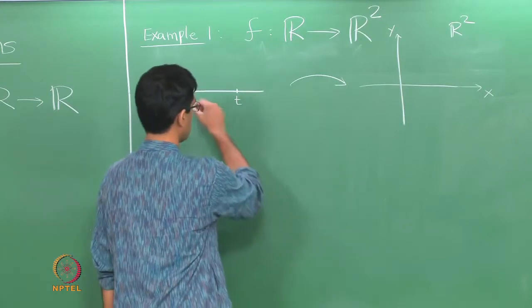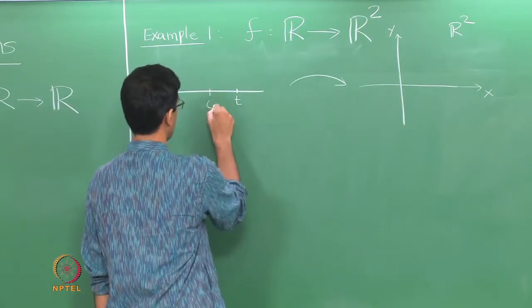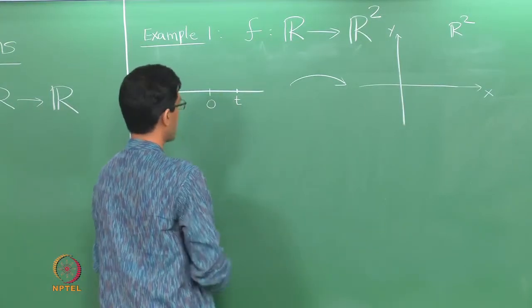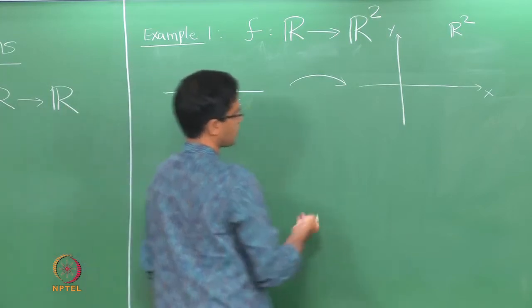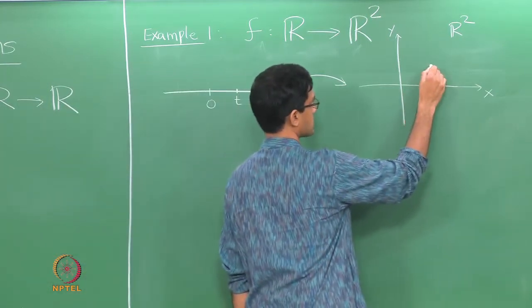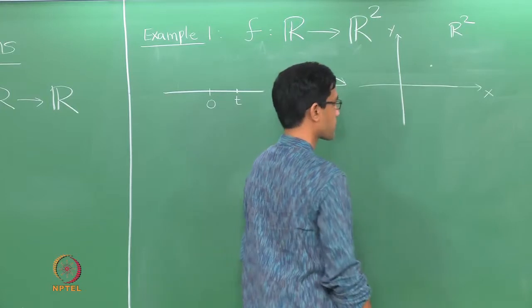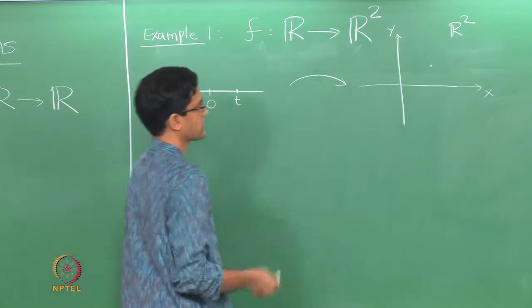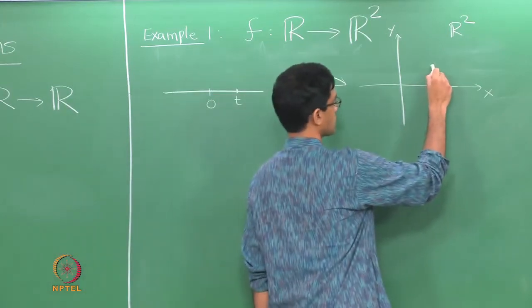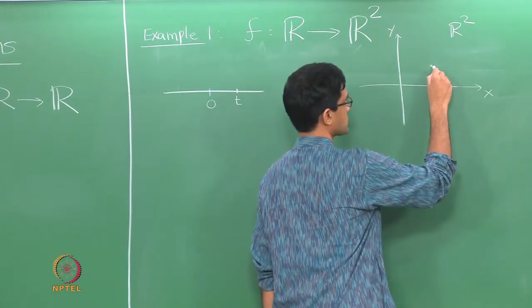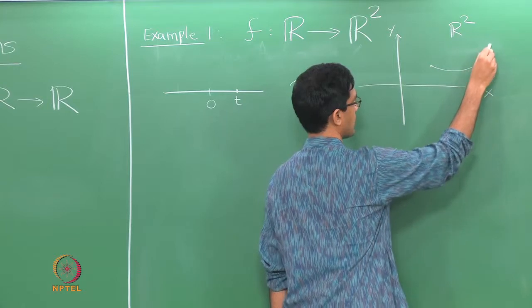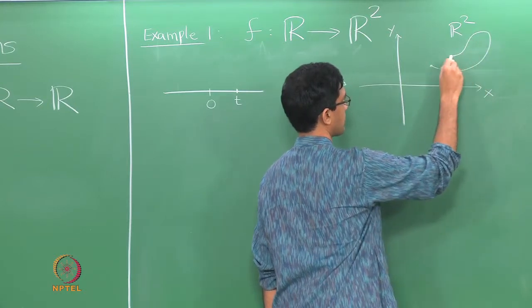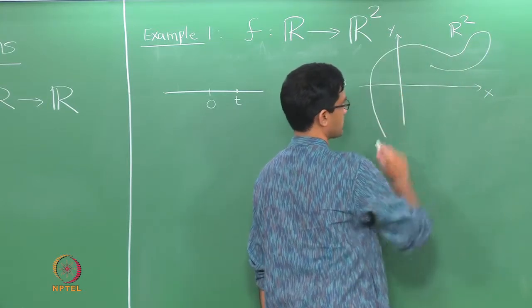So the motion of the particle, if you want to describe it, here is what you would do. Take time 0 and see where the particle is. It is at some point on the plane, and as you increase the value of t, you look at what f of t is. So f of t would trace out some curve. As time increases, the position of the particle varies and it could trace out some strange curve.